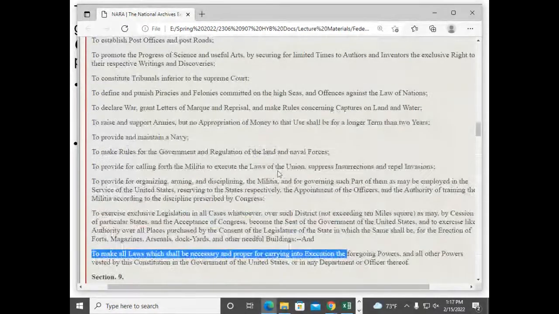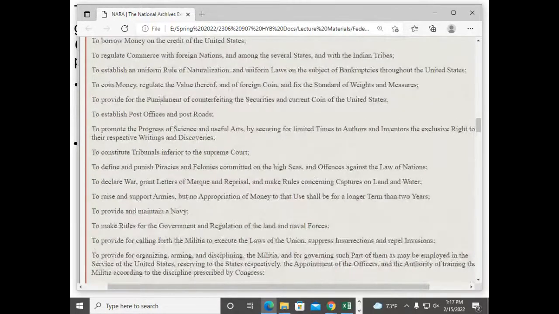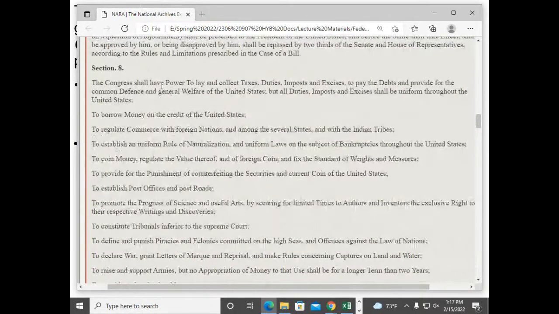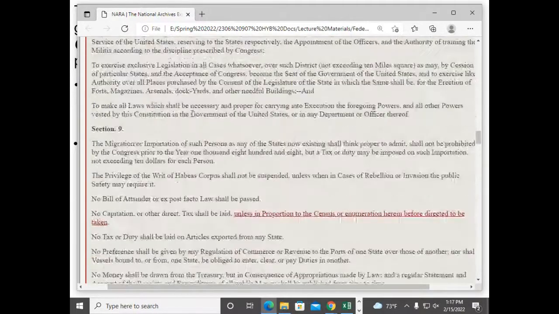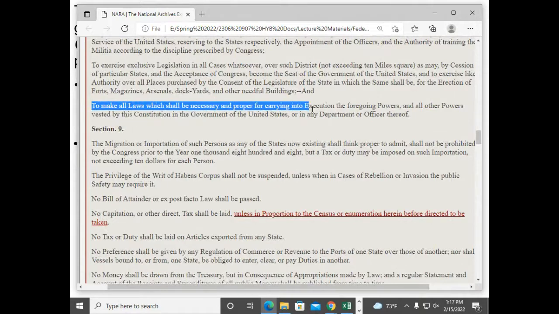Or at least a coalition of conservative justices and liberal justices. Okay? Well, look what Congress does have the authority to do. Congress does have the power to lay and collect taxes. Okay? And if Congress has the power to lay and collect taxes, it also has the power to make all laws which shall be necessary and proper for carrying to execution its power to lay and collect taxes.